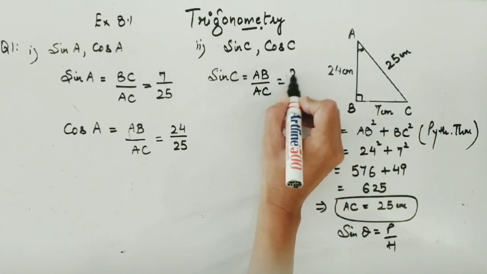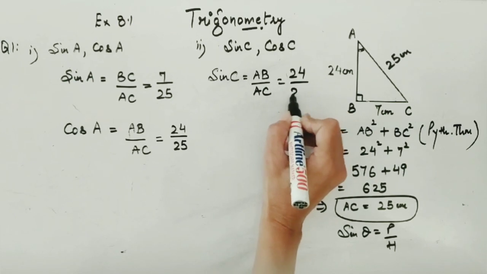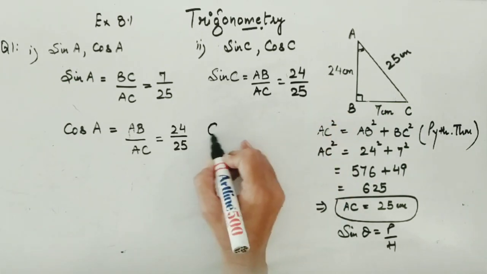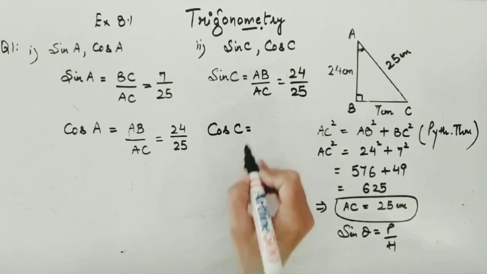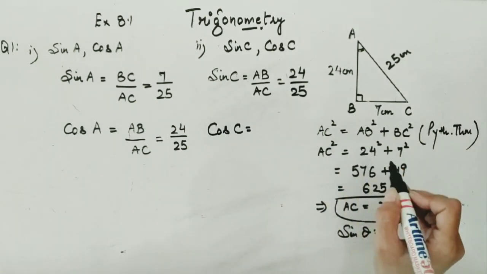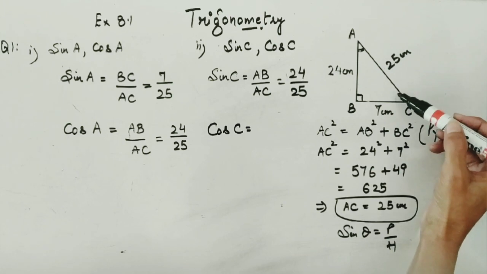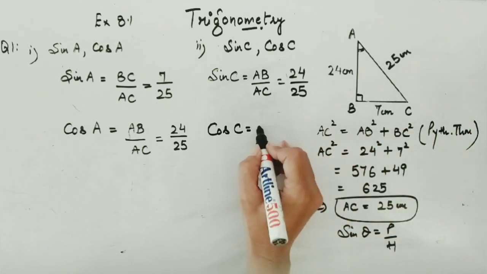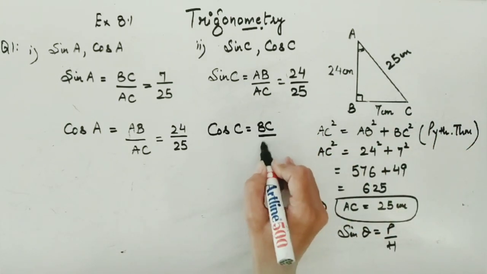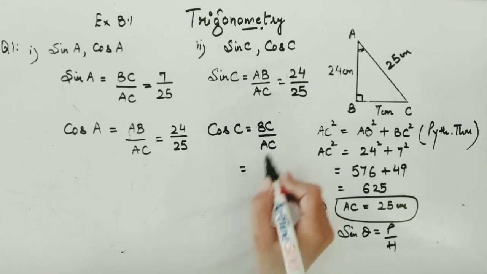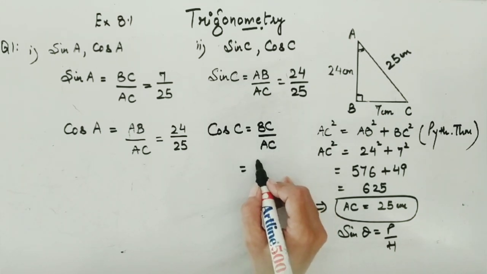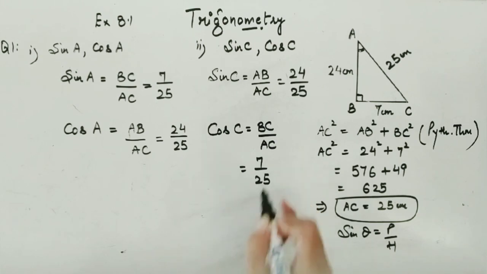So this is 24 by 25. Same way cos C. Now when I say cos C, angle is here, base is BC. Hypot has to remain same. So this is 7 by 25.